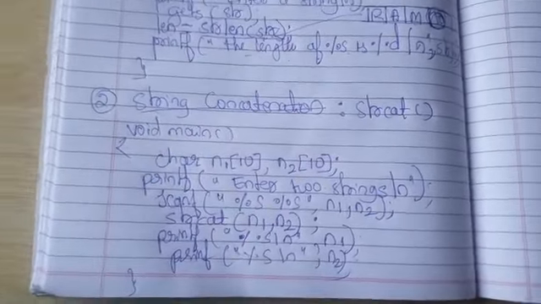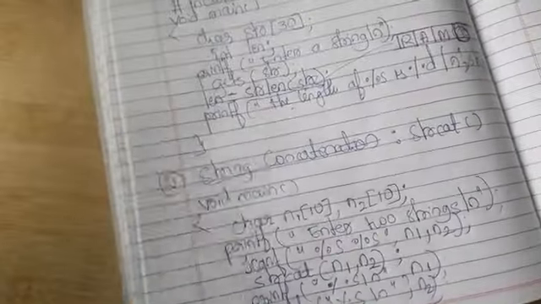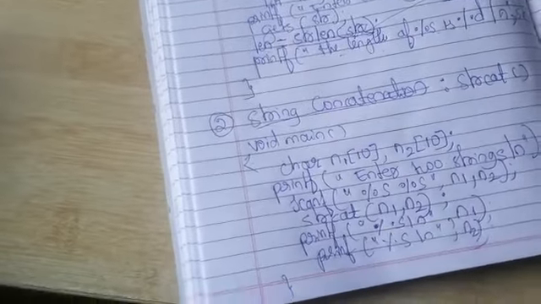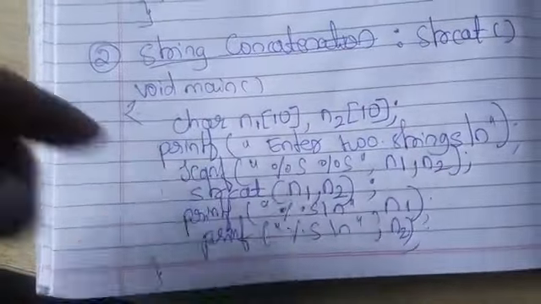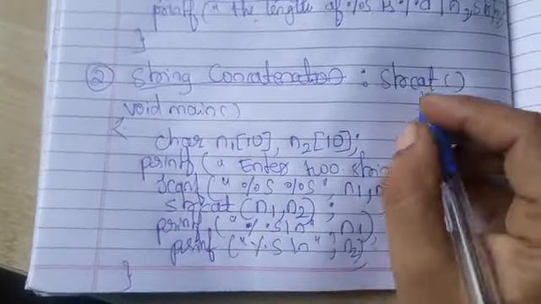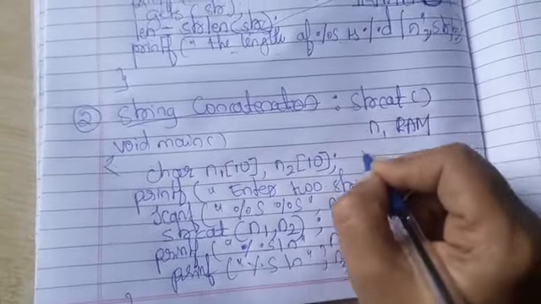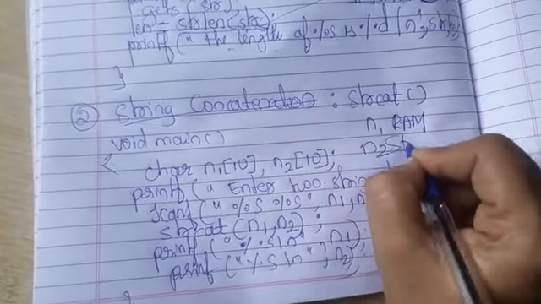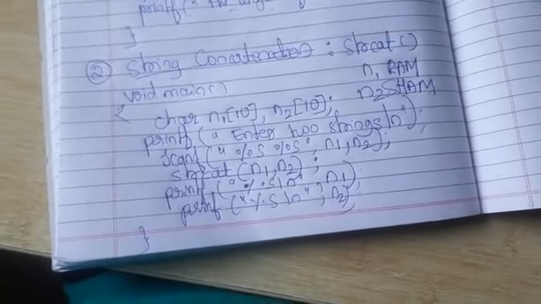All of you just observe one thing here: how we will be getting the output. Assume that my 2 strings are n1 is Ram and n2 is Sham.